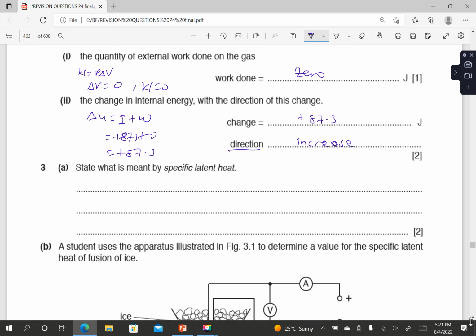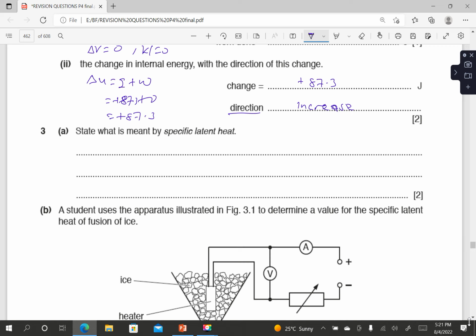State what is meant by specific latent heat. Remember, specific is per unit mass. Latent, there is change of state with no change in temperature.